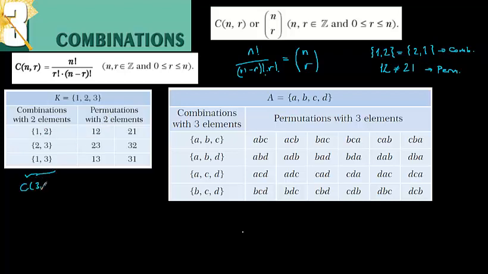Combination 3 with 2 is equal to 3, and permutation 3 with 2 is equal to 6. While we are doing the next operation, we are going to understand how it is.